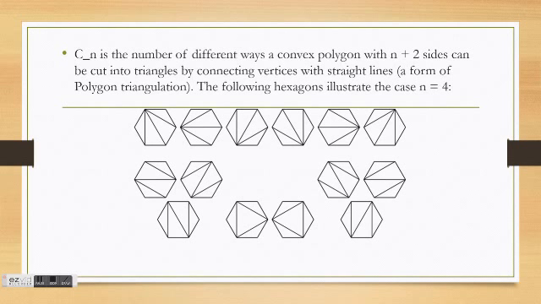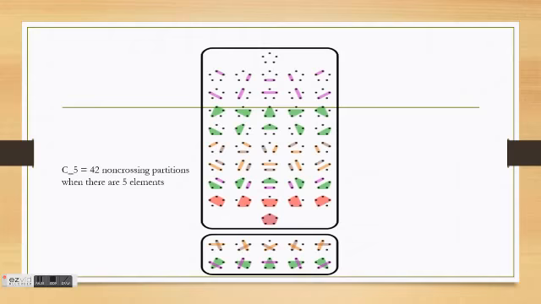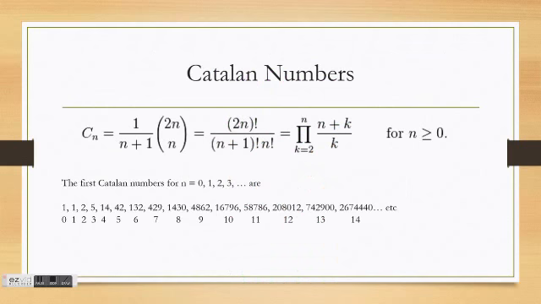For the following hexagons, we use n equals 4, and we should get 14 different hexagons with differing triangles. Some of them are mirrored and some are not. Looking back at the Catalan numbers, when n equals 4, we should get 14. So yeah, there you have it.